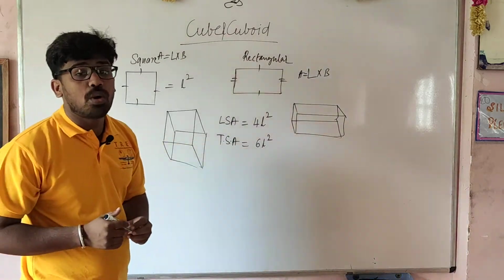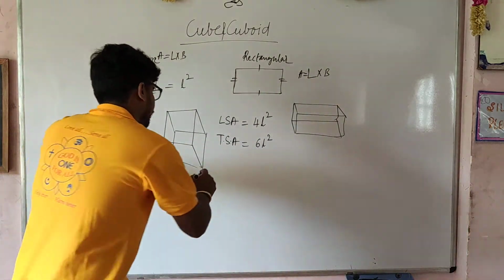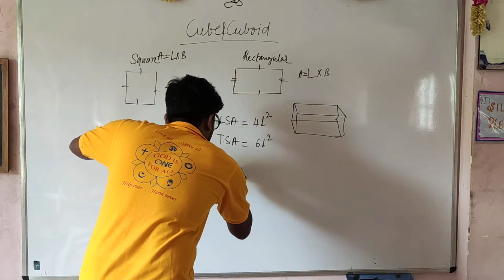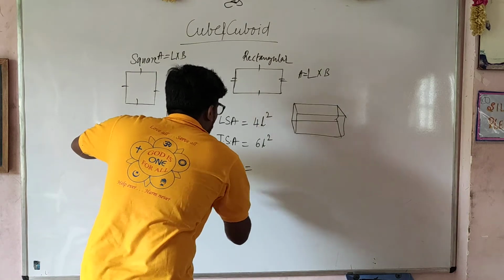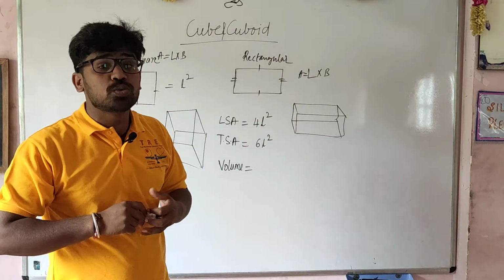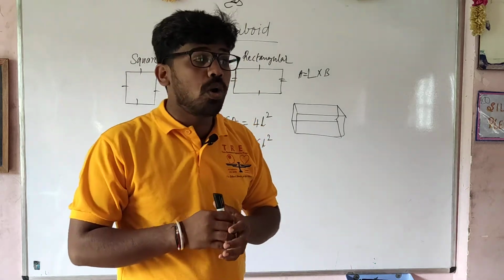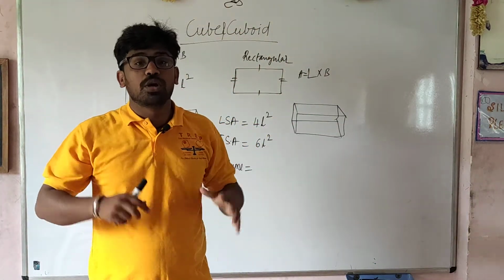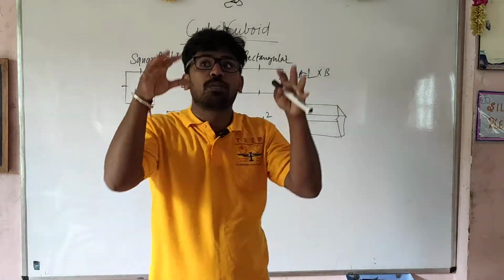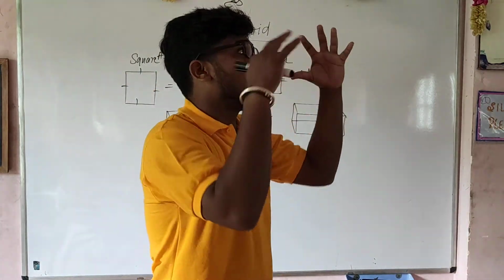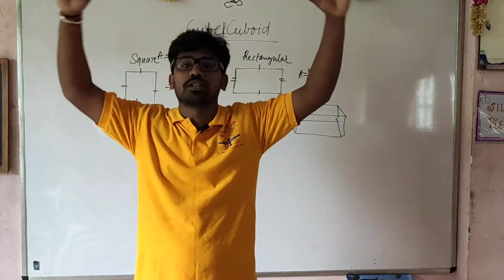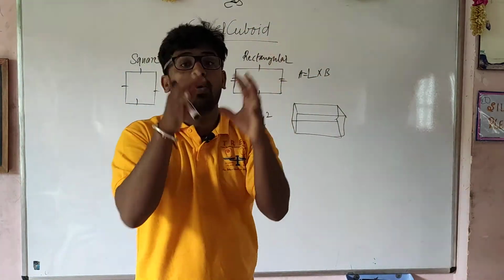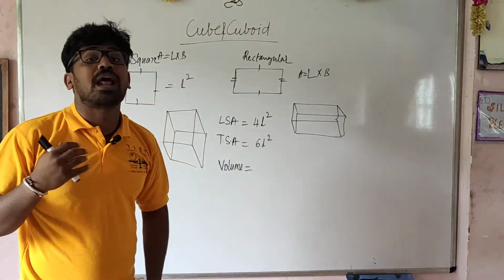Now let us come to the volume of a cube. What is volume? Suppose you have a room in the shape of a cube. How much can we put in it? That is the volume. Here you can see all the space in this room, that is the volume. How to calculate that?